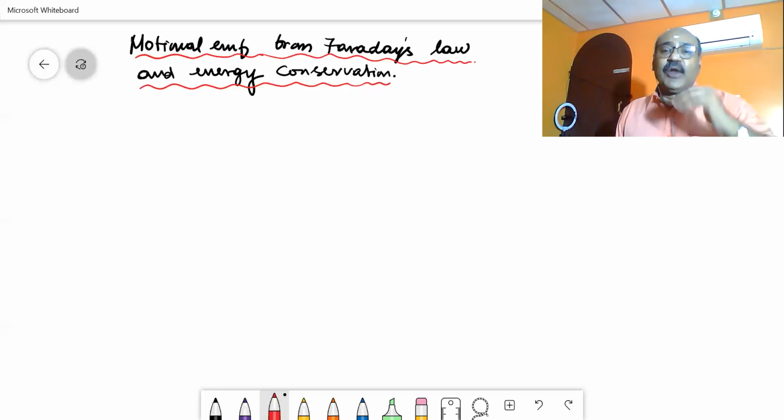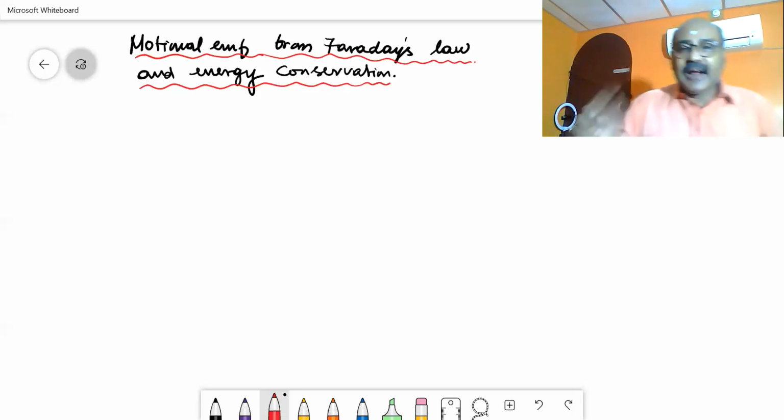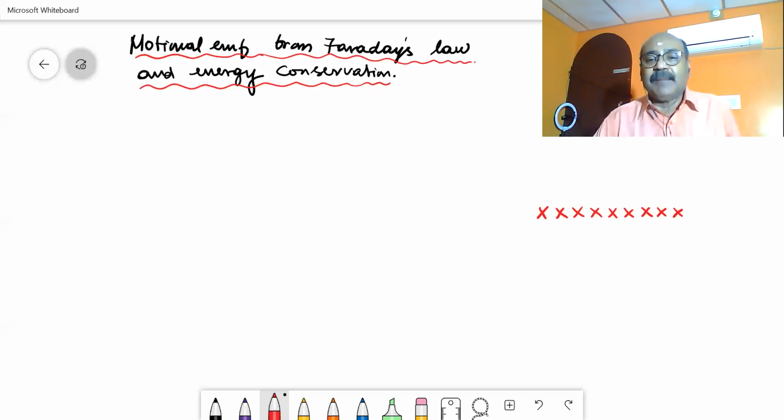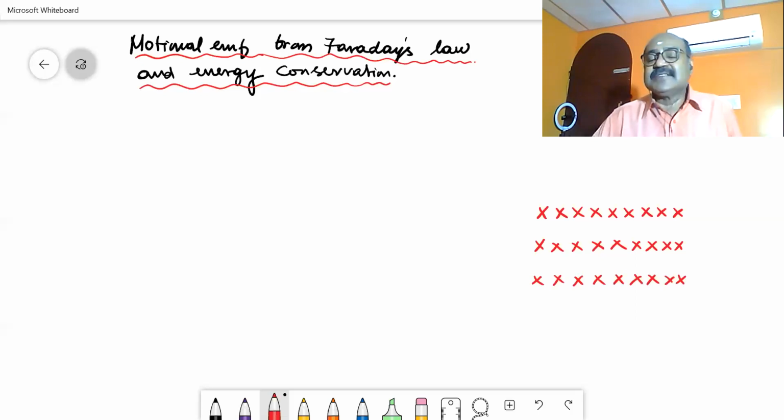First of all, we are going to obtain an expression for the motional EMF from Faraday's law. Here also, I am considering a uniform magnetic field, and that uniform magnetic field is acting perpendicular to the plane of the paper, or the board, and acting in the inward direction, which is represented by drawing these crosses.